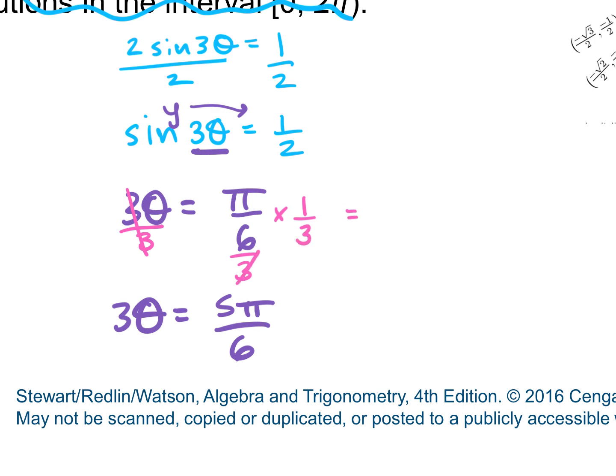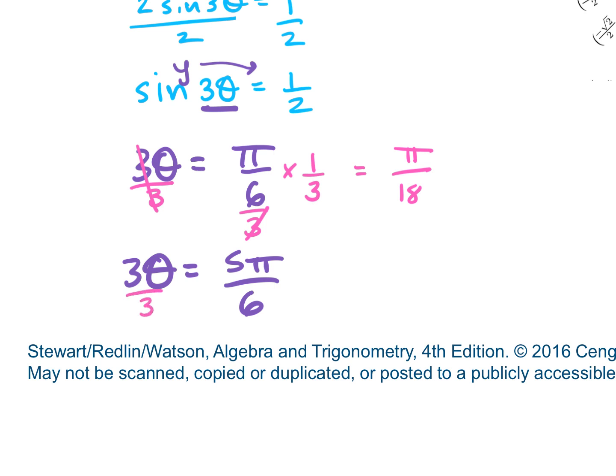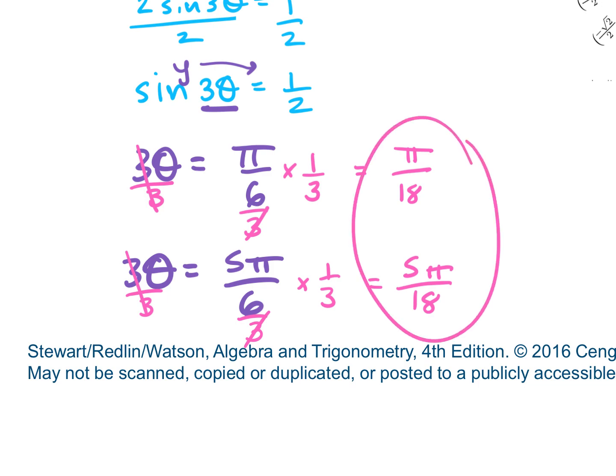So then we just multiply straight across. We get pi over 18. We're going to do the same thing with the other one. We divide by 3 or multiply by 1/3, which is the same when we keep change flip. So it would be 5 pi over 18. So these would be our 2 answers.